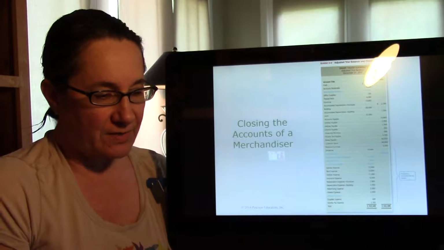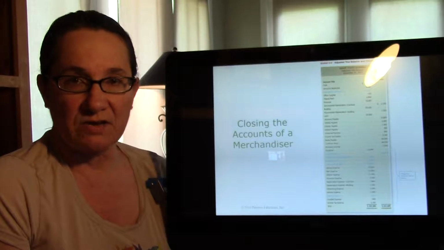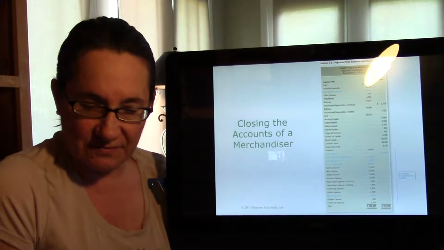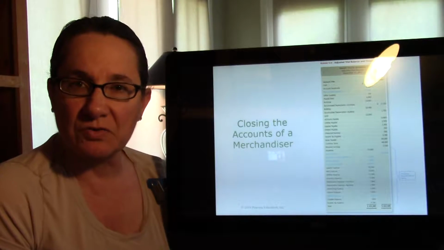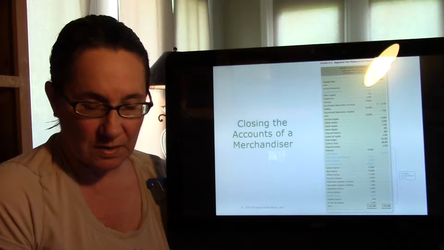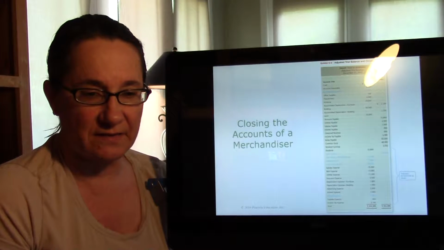Now you're at the end of the month or the year, and you may have some adjusting entries. And certainly you have to close the accounts. So that part of the accounting cycle is no different. The only difference is we have some inventory related accounts that we're going to have to adjust or close. The other stuff's all the same in terms of adjusting entries and closing entries.